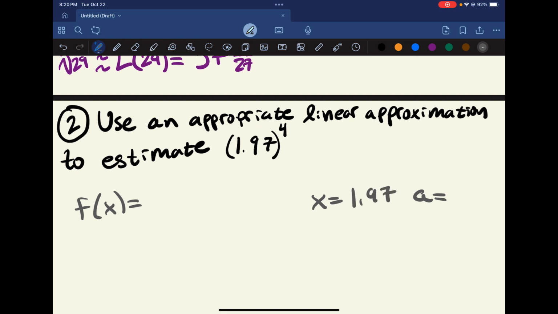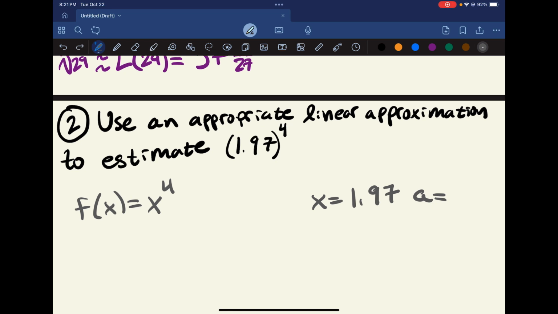So what function is 1.97 being plugged into? You can almost activate the chain rule part of your brain here and say, okay, this 1.97 is being plugged into the function x to the 4th. So our function is x to the 4th, and we're plugging in 1.97 into it.